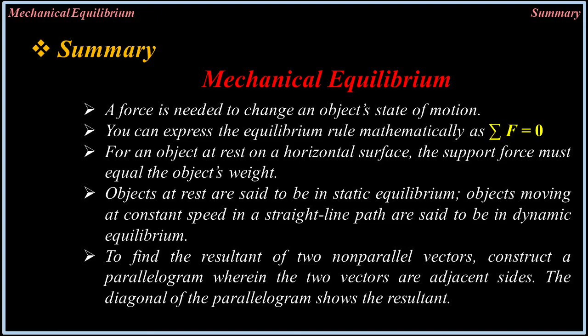Objects moving at constant speed in a straight line path are said to be in dynamic equilibrium. To find the resultant of two non-parallel vectors, construct a parallelogram wherein the two vectors are adjacent sides. The diagonal of the parallelogram shows the resultant.